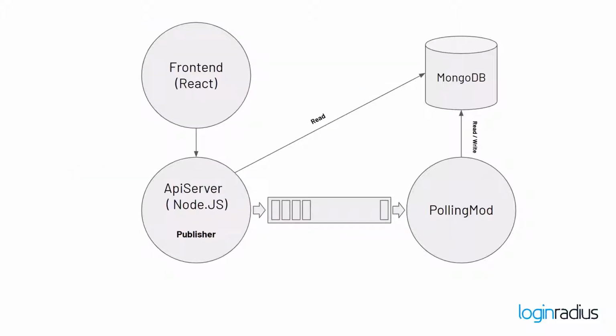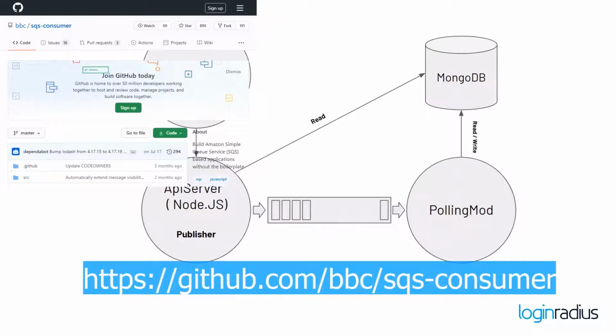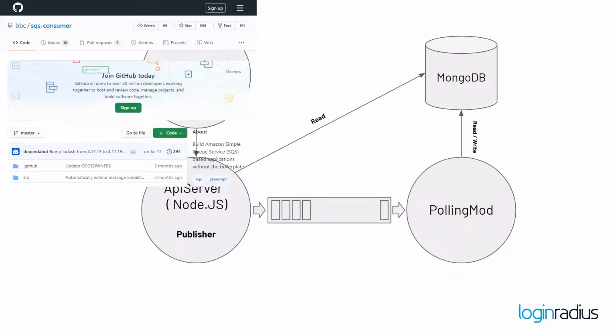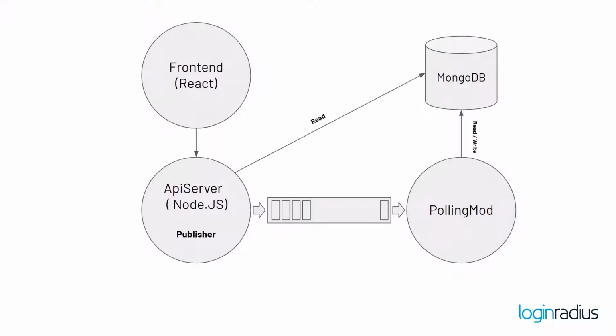Apart from this, the polling module is using SQS Consumer by BBC. It is another good library, or node module, which helps us poll SQS, so we have used it right away rather than writing it all from scratch.